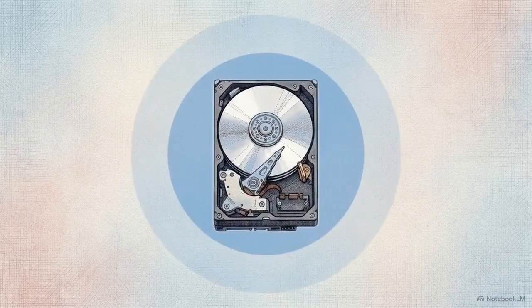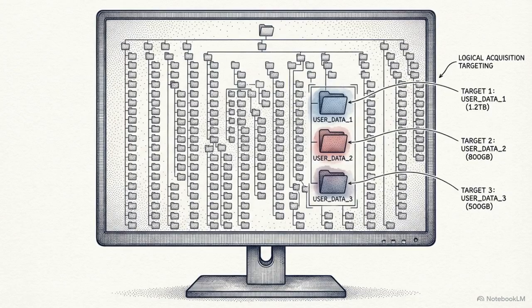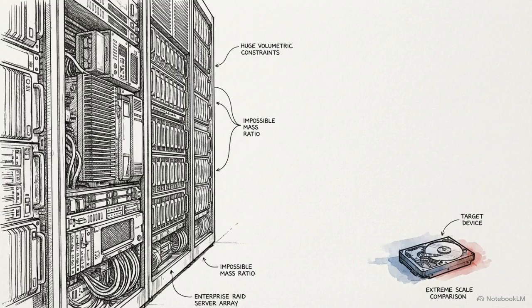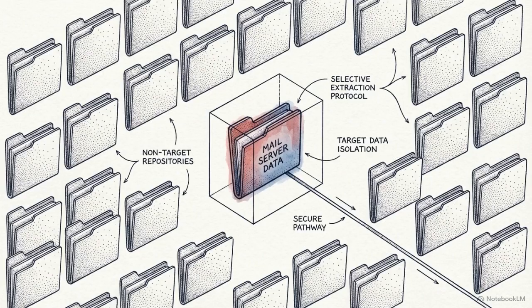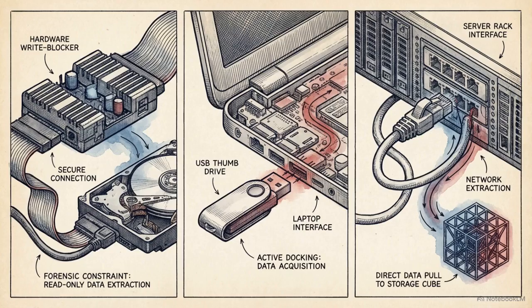RAID stands for Redundant Array of Independent Disks, combining multiple drives into one large volume. For these, examiners use logical or sparse acquisitions. A full physical bitstream duplicate of a multi-terabyte RAID array is physically impossible due to size constraints. Examiners target specific files or active data fragments instead. The acquisition format and scope must adapt to the physical realities and constraints of the target environment.